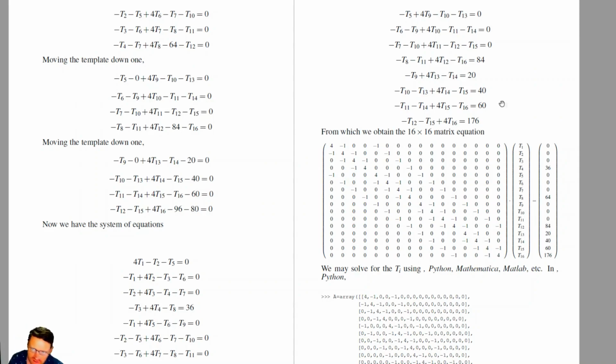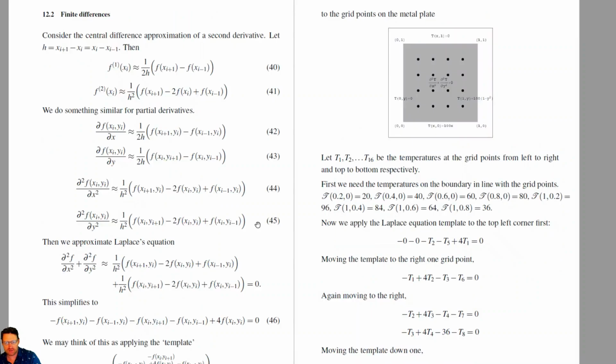Now what these numbers are, incidentally, is the right-hand side of these equations here, but we have those there because what we've done is we've taken the temperatures. For example, have a look at this one where it says minus 96 and minus 80 there. So these are temperatures along the boundary that we got when we applied the template over the 16th point, or the bottom right. Let's have a look at that.